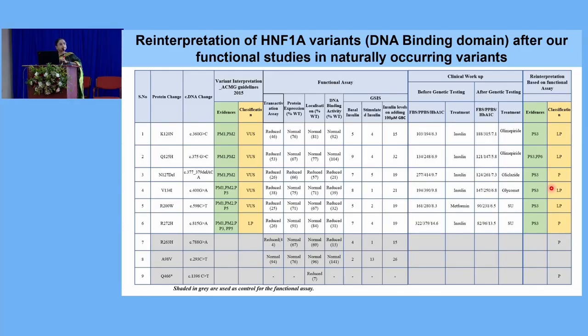Not everything requires reinterpretation, but here it required reinterpretation. So some of the VUSs have been shifted to LPs, and many of them, and one likely pathogenic variant became pathogenic, that we could find out after doing the functional assay and follow up.